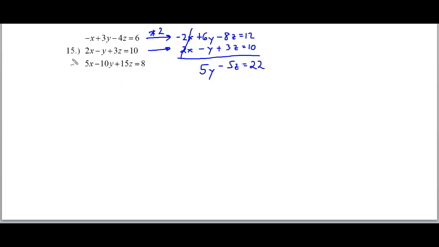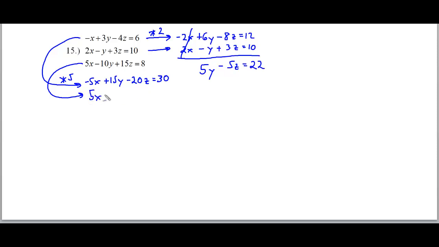Okay, so now what I'm going to do is maybe combine the top line with the very bottom. So I'm going to multiply the top line by 5, so it syncs with the one on bottom, and the x's simplify pretty easily. So this is going to be negative 5x plus 15y minus 20z equals 6 times 3, 30.